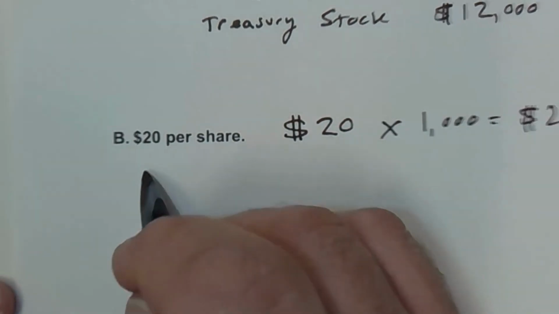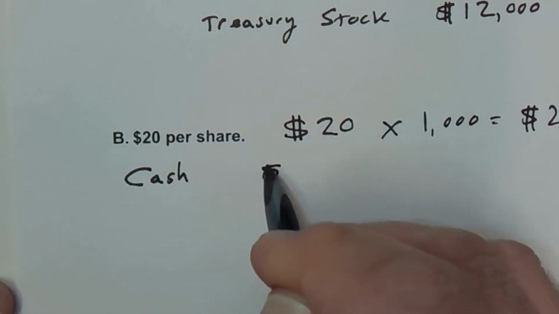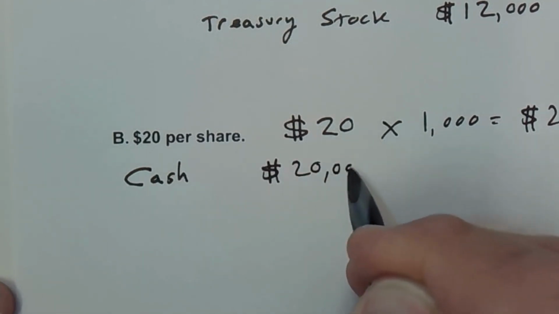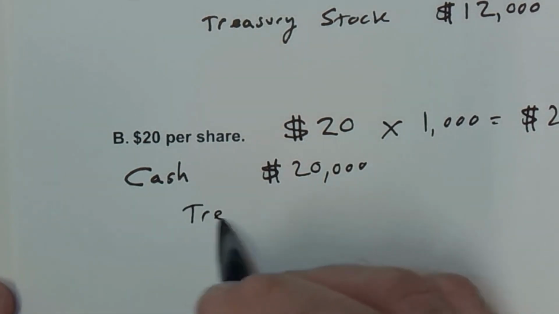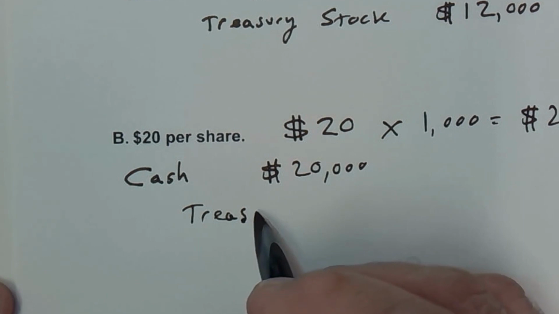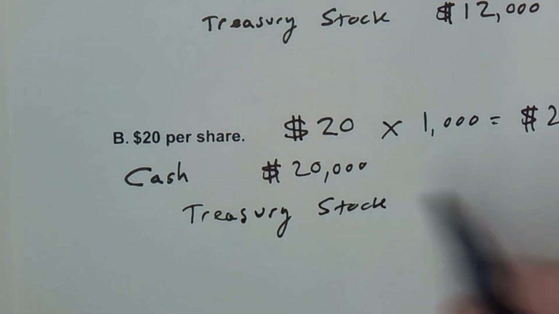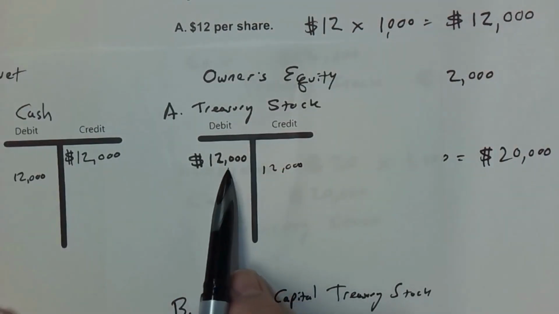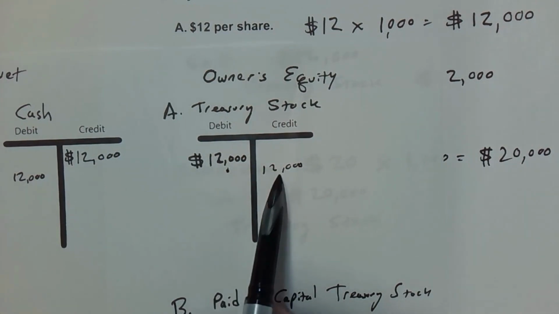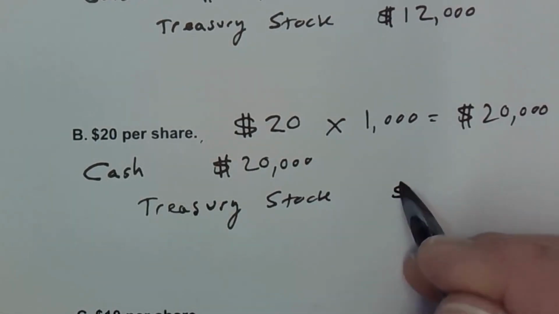And so we're going to debit our cash for $20,000, and then we're going to credit treasury stock because the treasury stock goes away. It goes into somebody else's hands. However, we only have $12,000 worth of treasury stock in there. So once again, we're going to credit $12,000 to treasury stock.